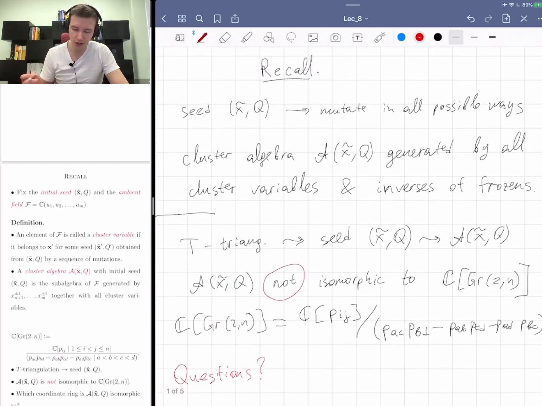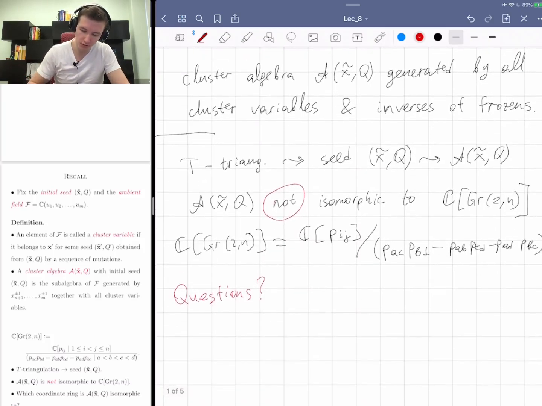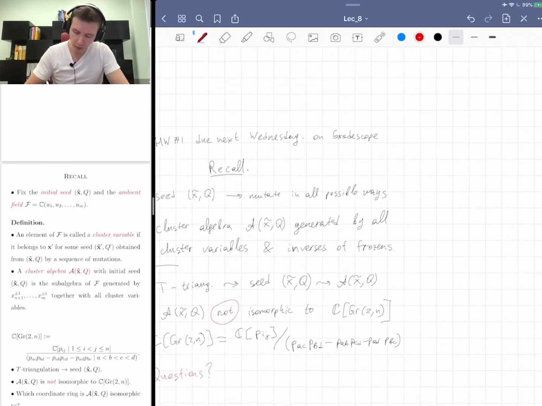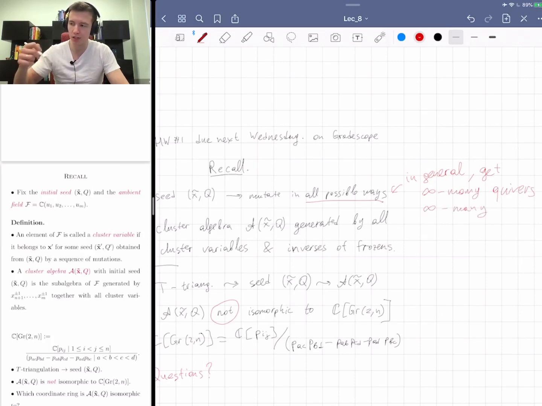Right, so in general, you mutate in all possible ways. So in general, you get infinitely many quivers, and even more, a single quiver may give you, if you mutate a quiver and somehow you go back to the same quiver, you may get a different seed.